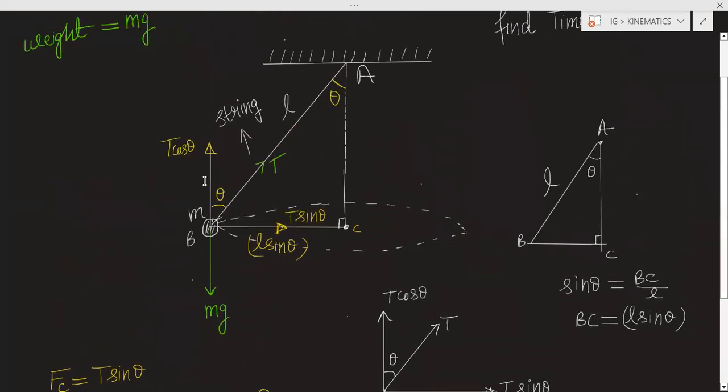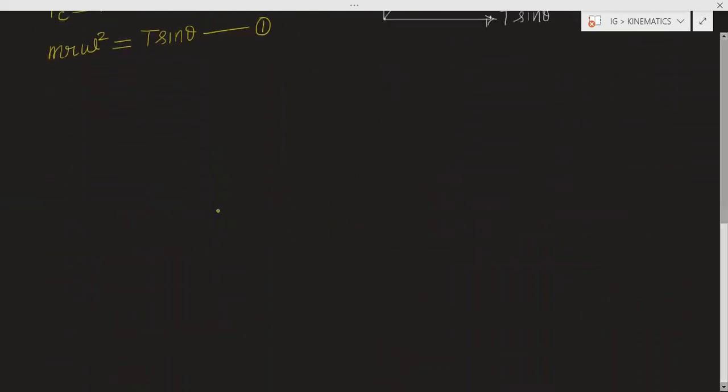Now T cos theta will be equal to mg because there is no motion in the vertical direction.